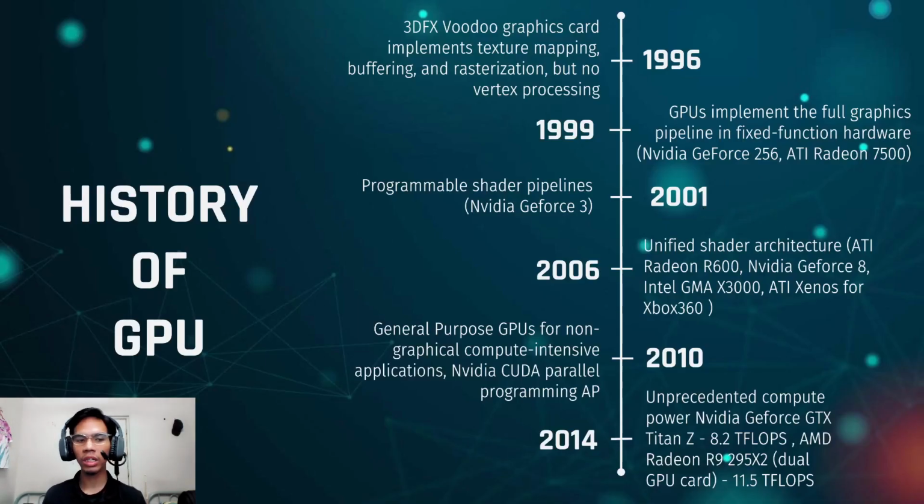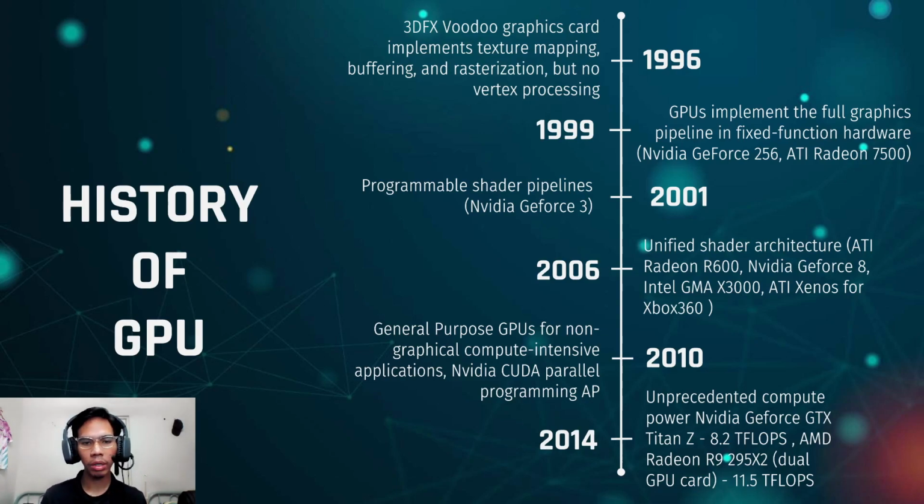After that, we see the history of the GPU. The GPU started gaining recognition in 1996 with the 3D revolution of the 3DFX Voodoo graphic card that implemented texture mapping, buffering, and rasterization, but no vertex processing. In 1999, GPUs implemented the full graphic pipeline in fixed function hardware in the NVIDIA GeForce 256 and ATI Radeon 7500.